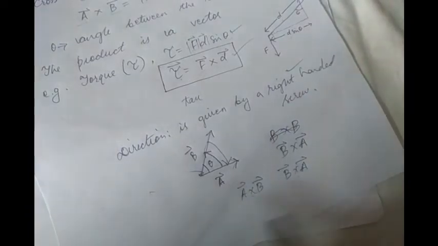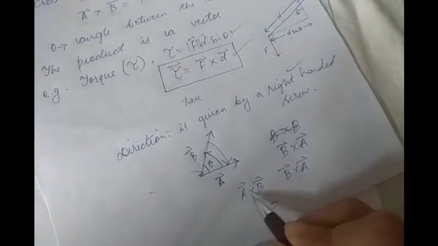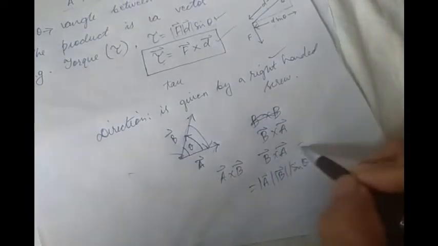And if we see their magnitudes, the magnitudes of both of these vectors will be AB sine theta. This would be BA sine theta, but BA sine theta and AB sine theta are one and the same. So A cross B and B cross A have the same magnitudes, but they have different directions. Therefore remember, A cross B and B cross A are not the same.